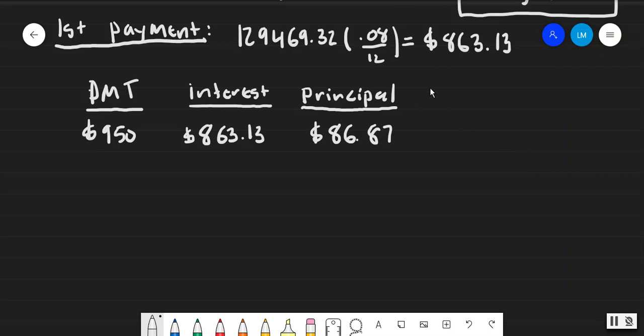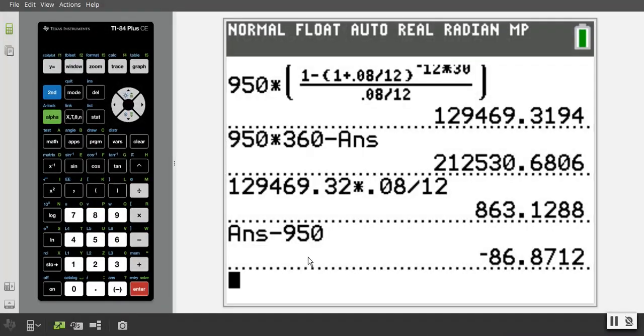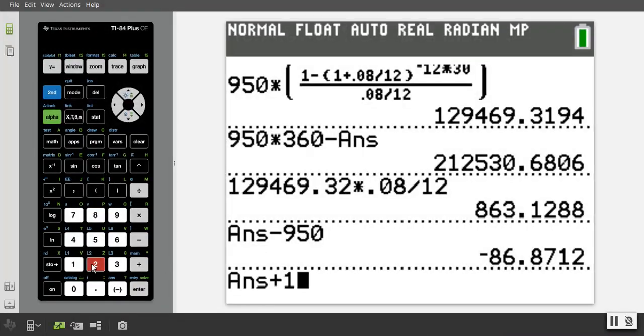Okay. Now, what this means is that this is going to be the unpaid balance in the next column. So we can put either the unpaid balance or the end principal. So I'll just put unpaid balance. That way, you kind of have an idea that this is the amount that is actually still owed. Now, how do you find that? You take the amount and you take the difference.